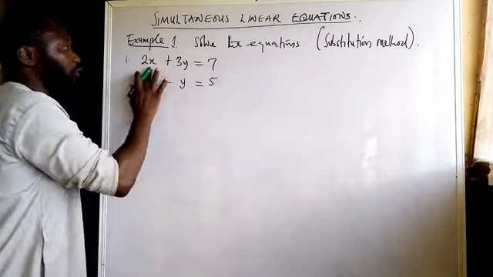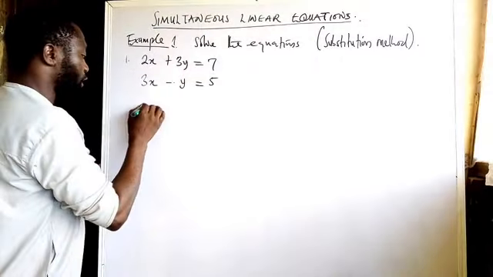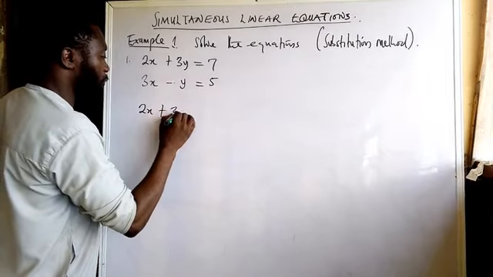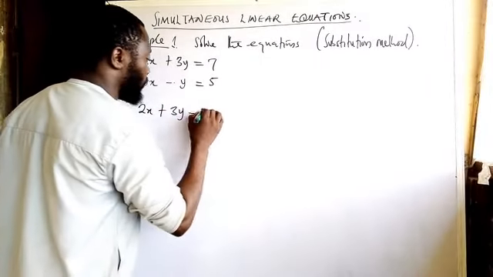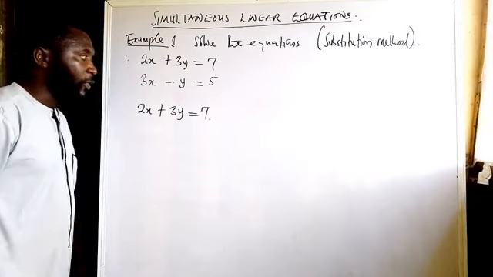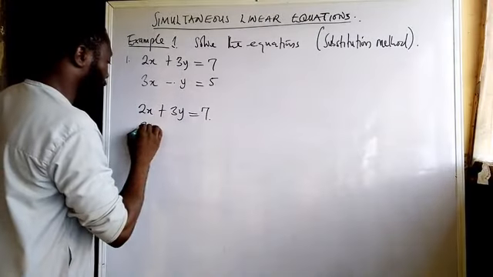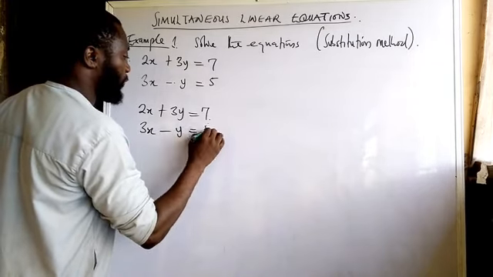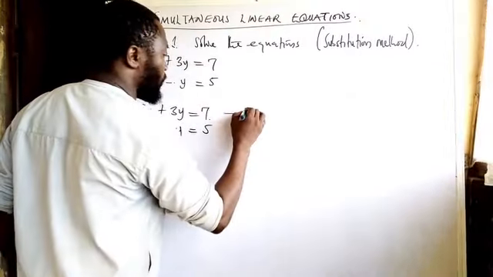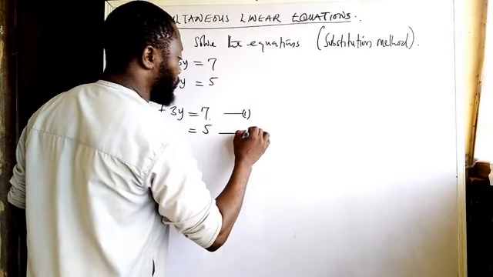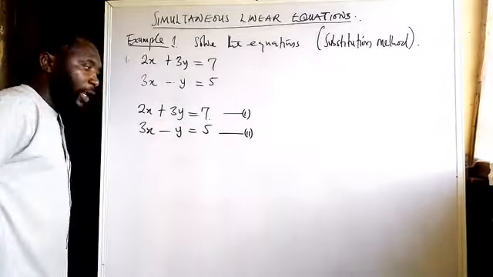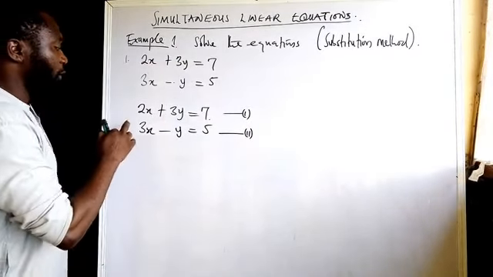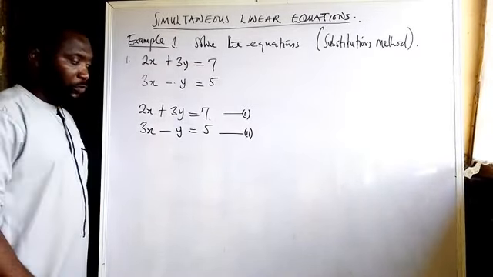The first equation is 2x plus 3y equals to 7. The second equation is 3x minus y equals 5. This is your equation 1. This is your equation 2. Now we want to use equation 1.